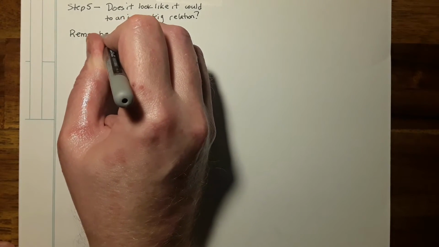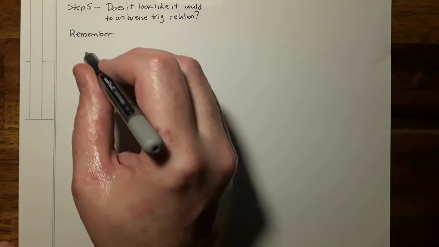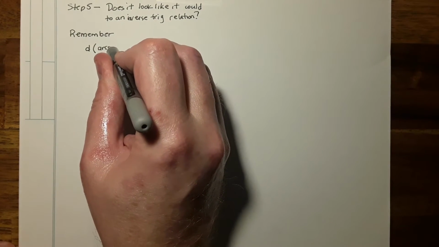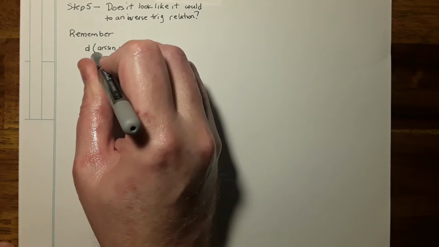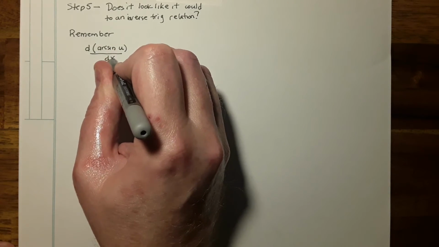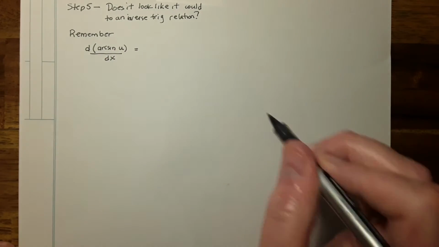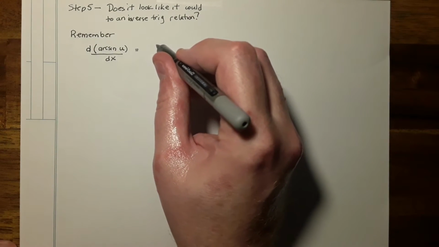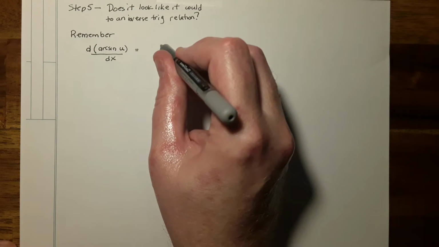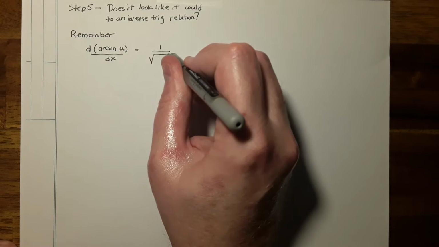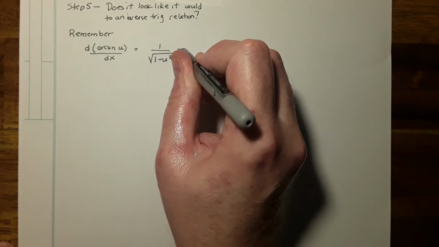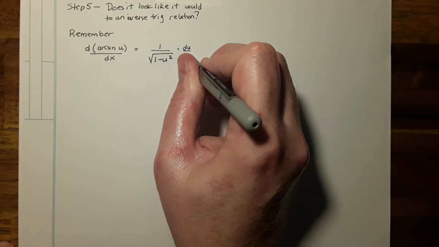So remember that when you have the derivative of arcsine of any argument, the derivative of that statement from the first half of the course was 1 over square root 1 minus argument squared times the derivative of that argument.